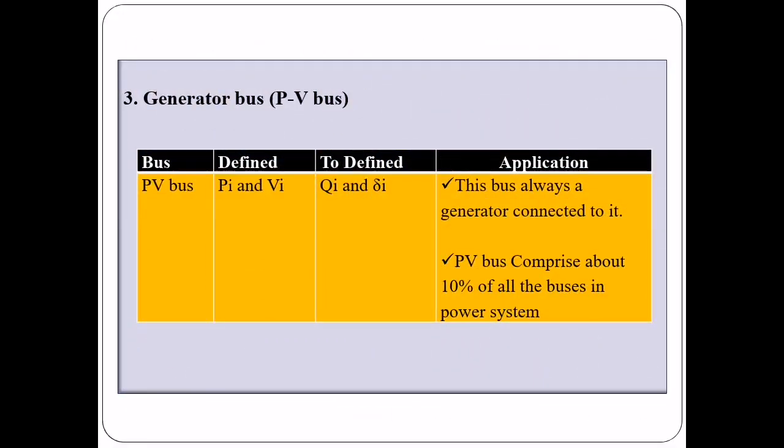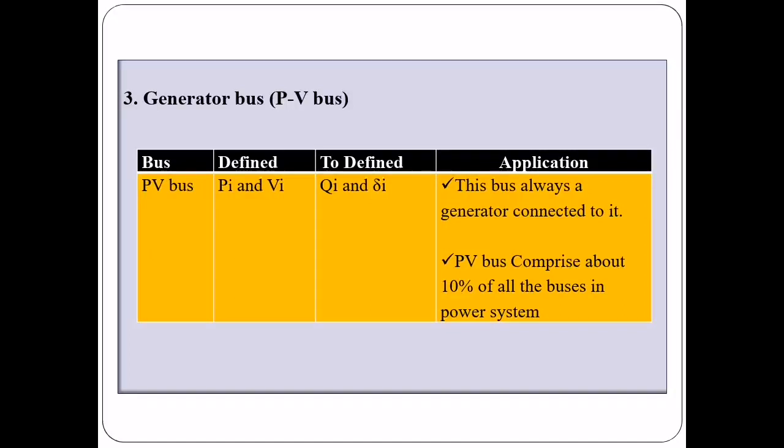The next, third type, is the generator bus or PV bus. In a PV bus, P and V are specified, and the unknowns are obviously Q and delta. This bus always has a generator connected to it. That's why it is called a generator bus.